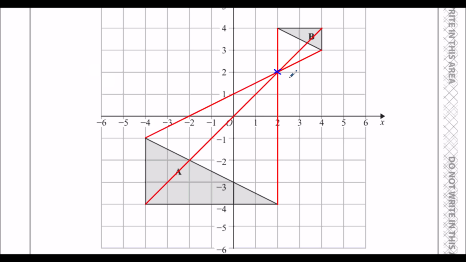And then what's the scale factor? So it's gone from 3 on the shorter length to 1. So the scale factor is negative, because it's gone all the way through the center of enlargement, negative 1/3. So it's a third of the size, and it's gone backwards. So it's negative 1/3.